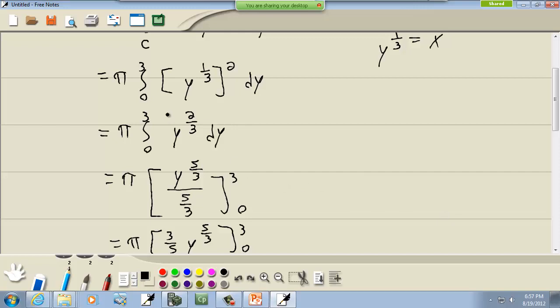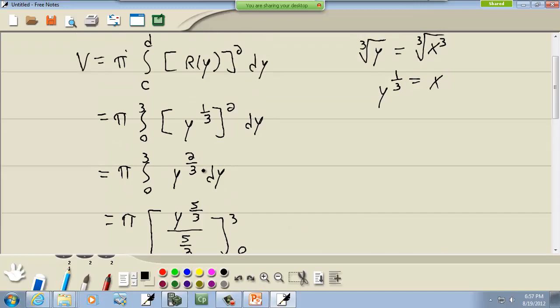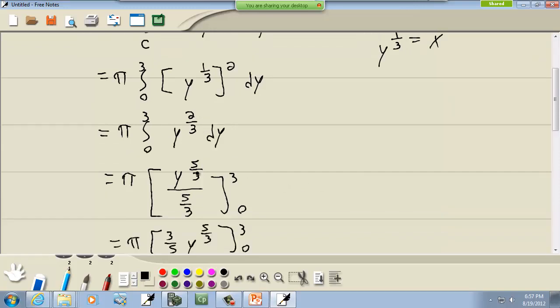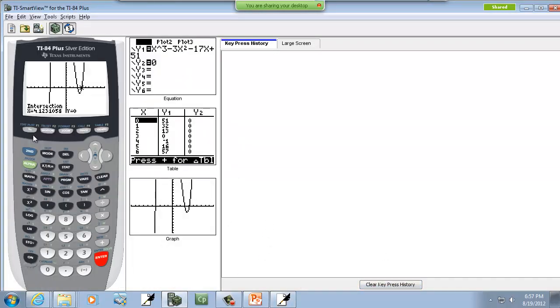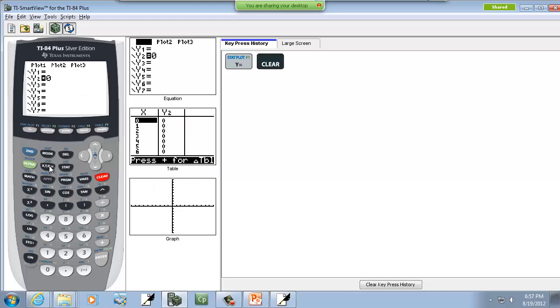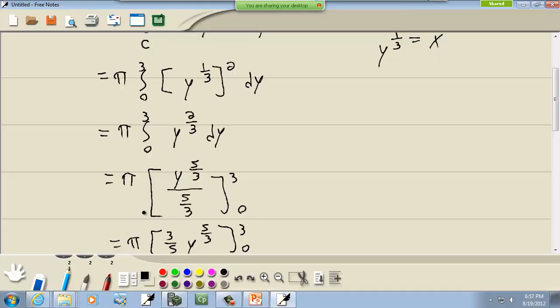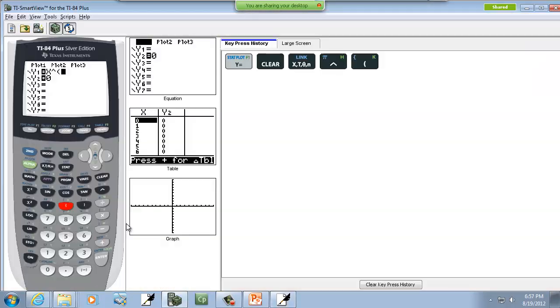Now remember, you can check these, like up here, assuming you got the setup correctly, on your calculator. If I come here, do a clear, do my X key, caret, doesn't matter what variable you put in, same idea. And then beginning parentheses, 2 divided by 3, closing parentheses.